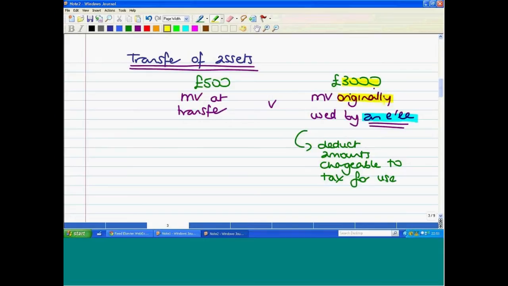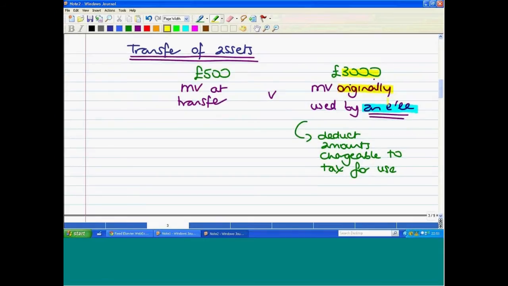So £3,000 is what it was originally worth, but then what we would do is we'd get to deduct all of those amounts that have been chargeable. Now again, if you think back, for each full tax year, we were looking at the 3,000 times the 20%, which was 600.